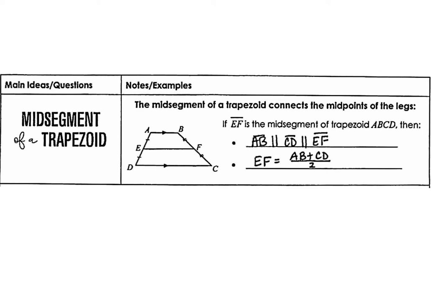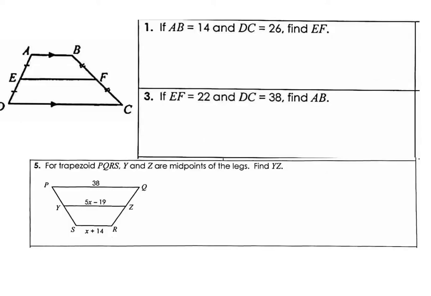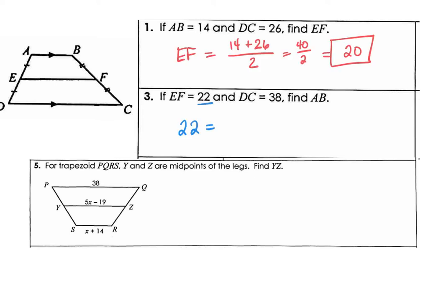And so several problems or questions can come up from these. So let's look at the first example that they gave us here. So here they gave us the mid-segment of 22. They gave us one base of 38. They want us to find the other base. So here we're just going to use basic algebra to solve. What I'm looking for is the AB.